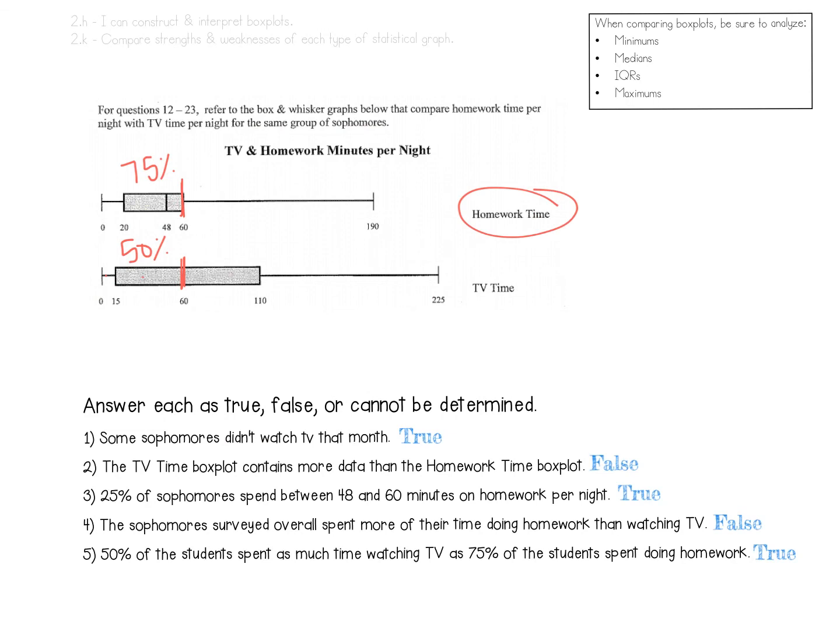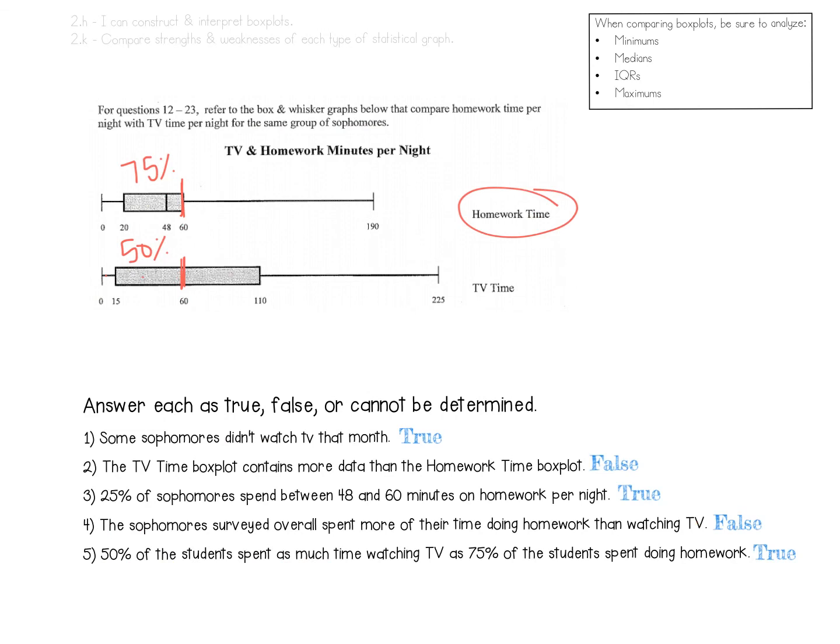So this was a true statement that 50% of the students spent as much time watching TV as 75% of the students spent doing homework, because they both had that 60 as a 5-number summary point, which helped me then answer this question even more, or to be able to justify.